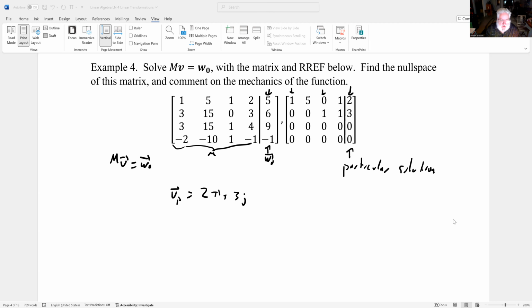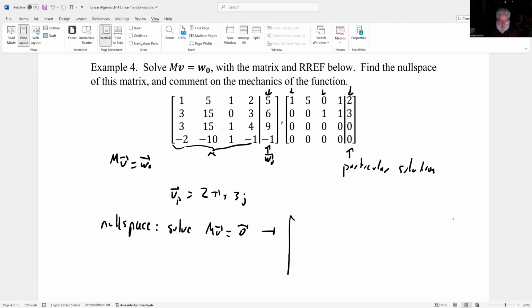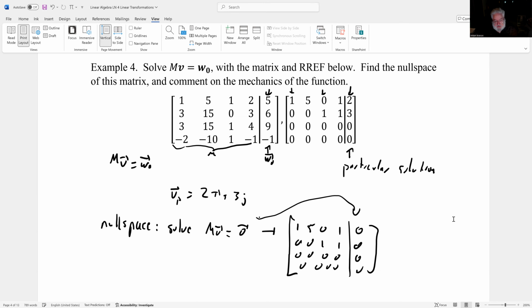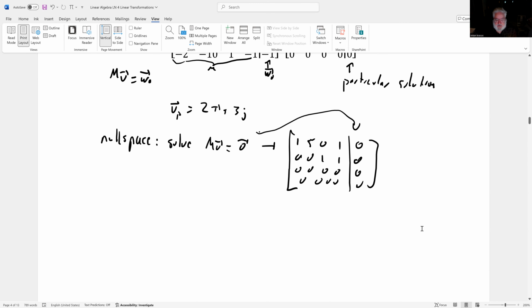So what's the null space? Well, we get the null space by solving Mv equals 0, and that becomes the same reduced row echelon form on the right, but with zeros down the right column. So same reduced row echelon form, but zeros down the right side.